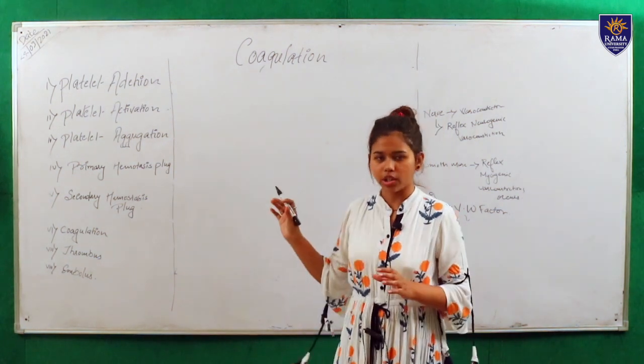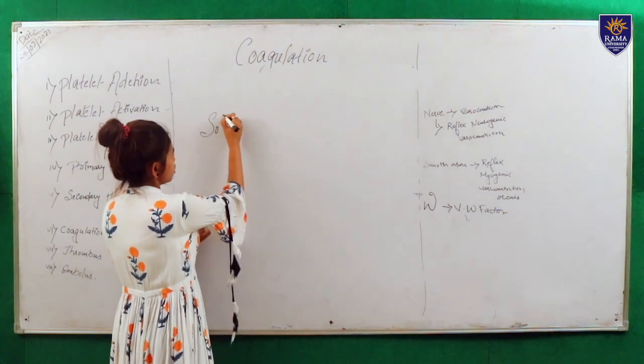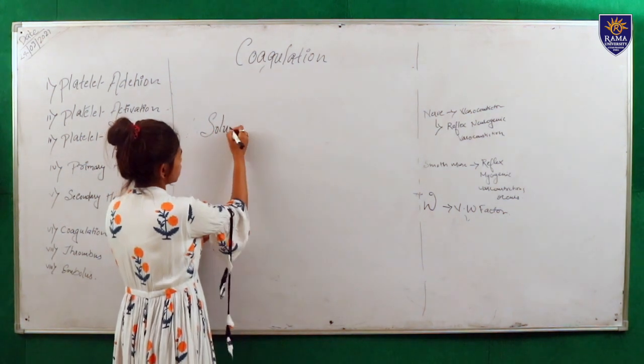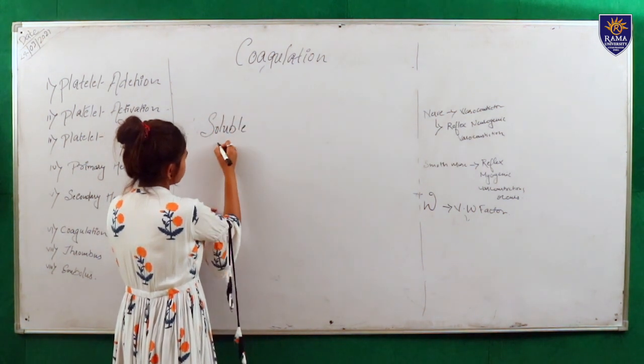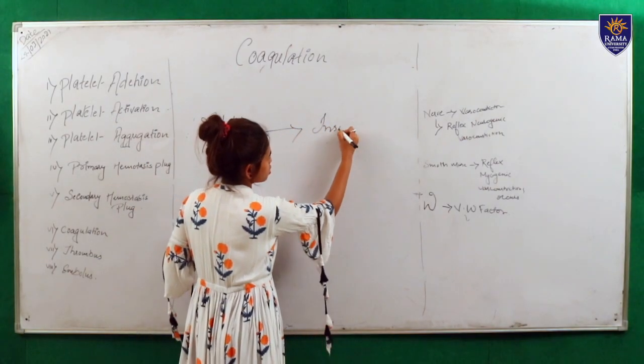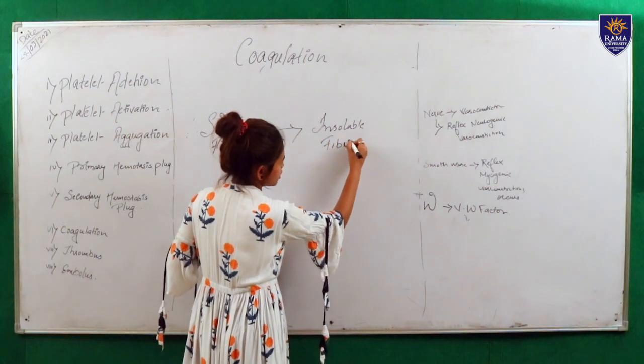definition of coagulation. Coagulation is nothing but the conversion of soluble fibrinogen into insoluble fibrin strands.